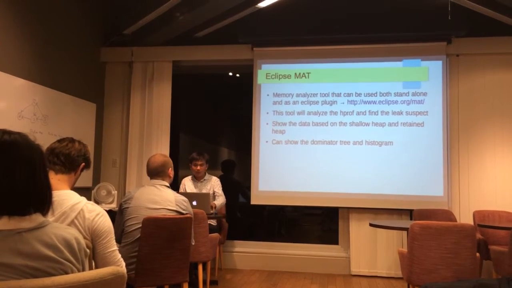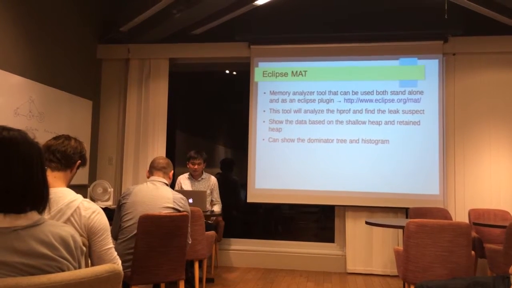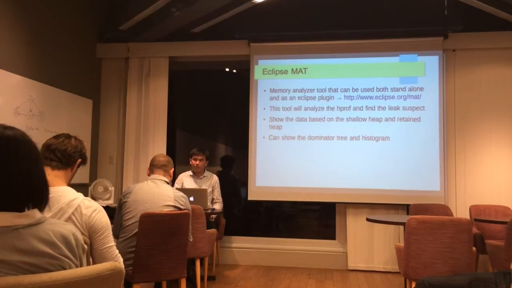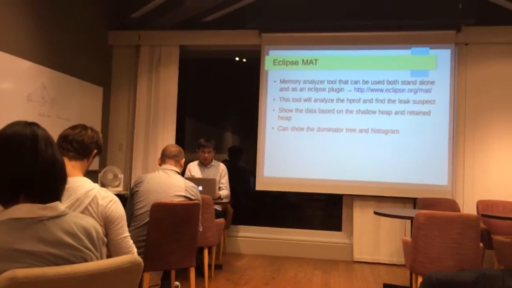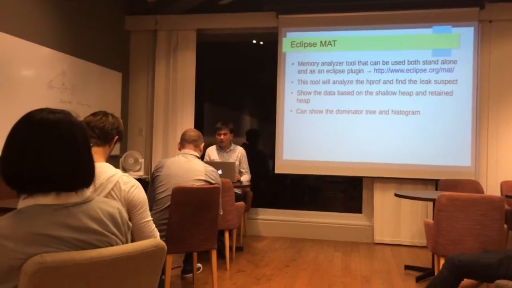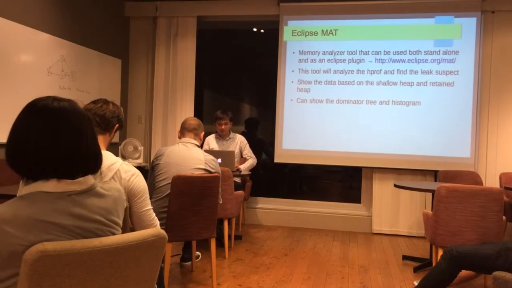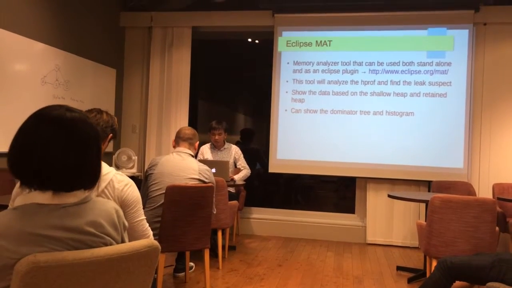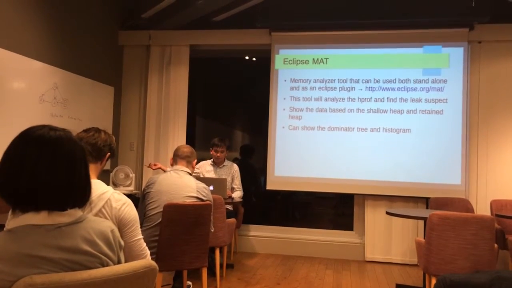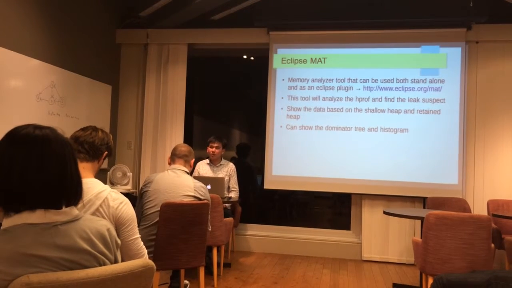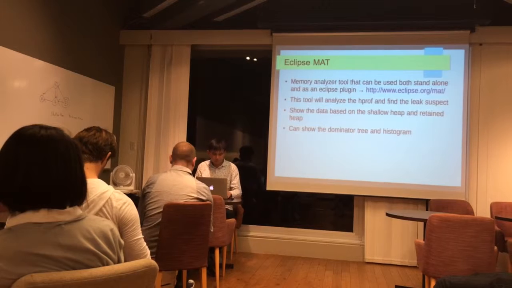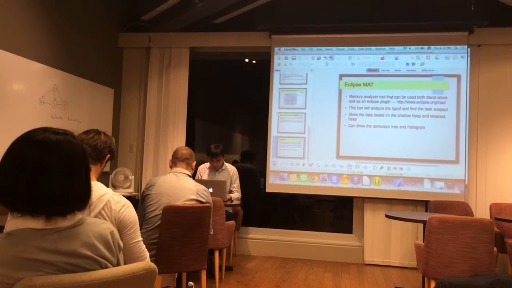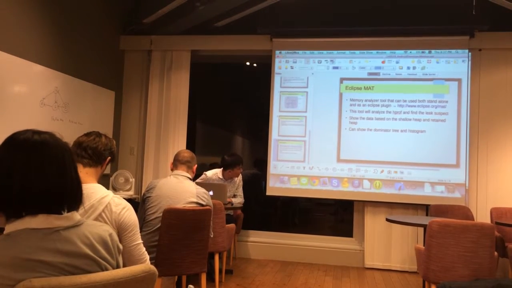It's an Eclipse plugin that can also be used as a standalone tool. This tool will analyze the heap dump and find the leak suspects and show the data based on the shallow heap and the retained heap. We can also show the dominator tree and the histogram version of the report. So I will show you. This is my phone.